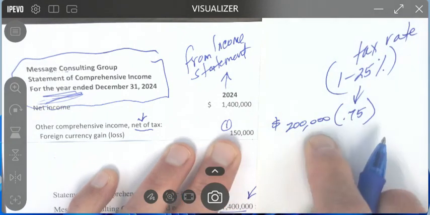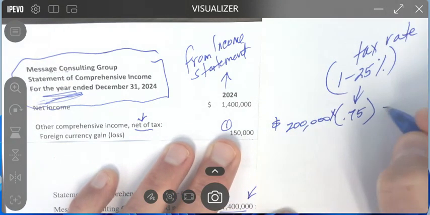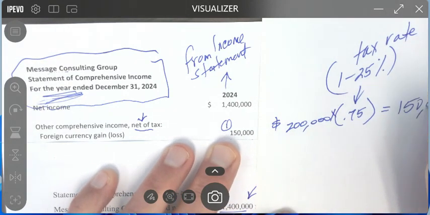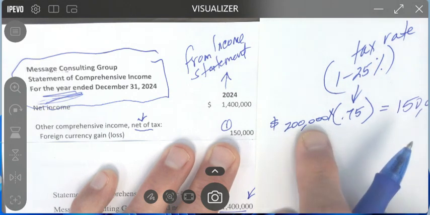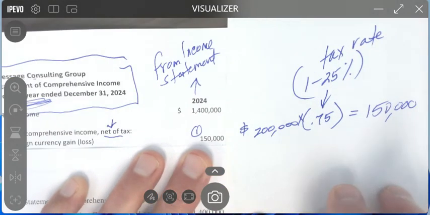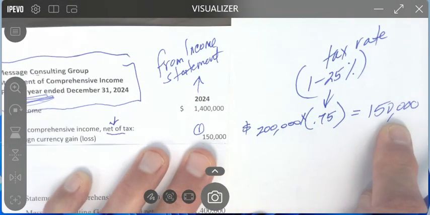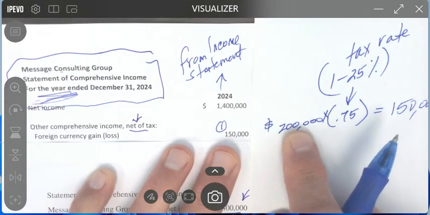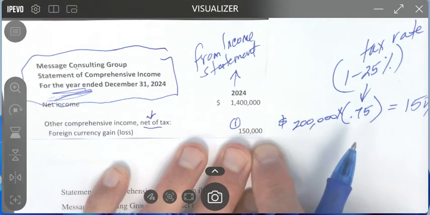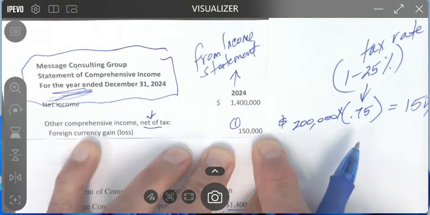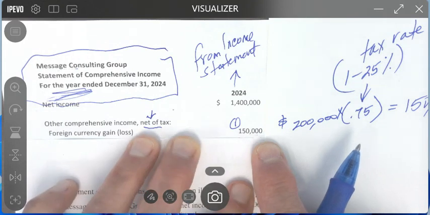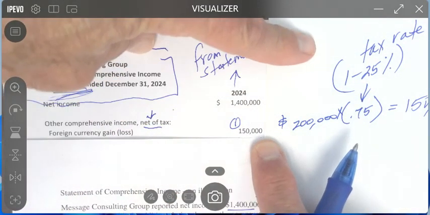So that's the 200,000, but net of the income tax on a $200,000 gain, which is 50,000, 25% of the gain, and the foreign currency translation gain net of tax is 150,000.